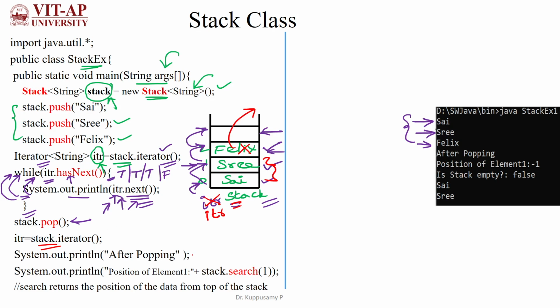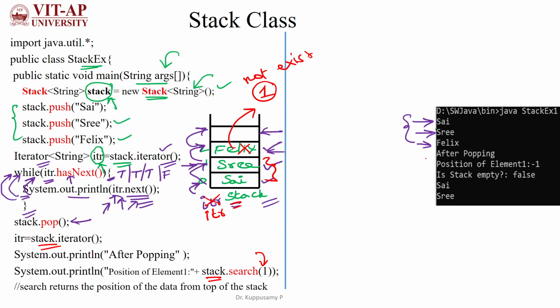Then after popping, I am checking whether the value one is available inside the stack or not. Here you see there is no integer value one in the stack, so it will return -1.